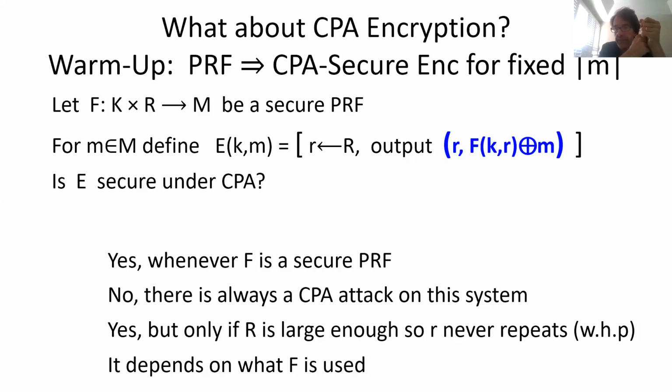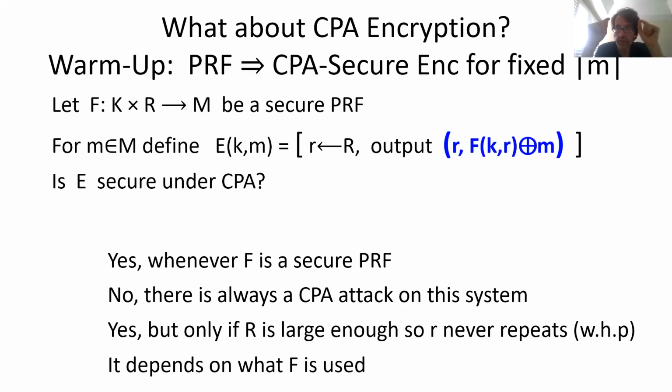Then on a challenge message, some R challenge is chosen, call it R star. And my message M0 or M1 is encrypted as XORed with FK of R star. If R star is different from all these Ri's, then I'm cool, because it's like a random function on a completely new argument, so it's a fresh one-time pad.